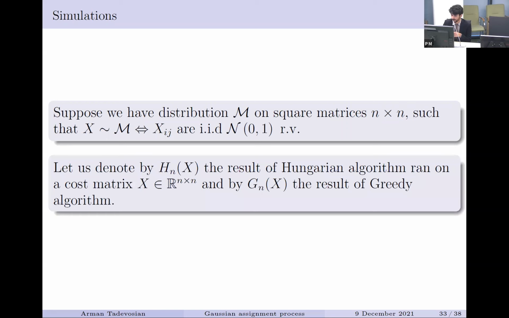And let us denote by H_n of X the result of the Hungarian algorithm run on a cost matrix X, and by G_n of X the result of the greedy algorithm, which we introduced previously.